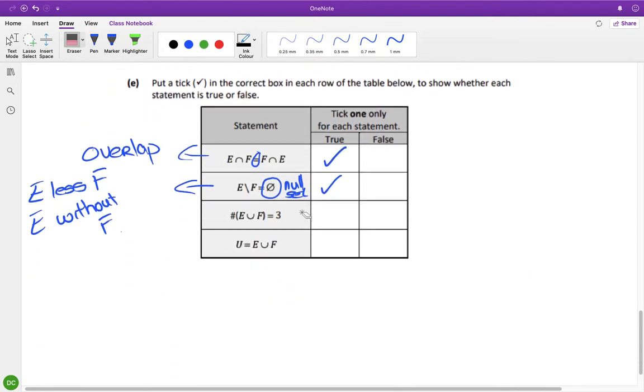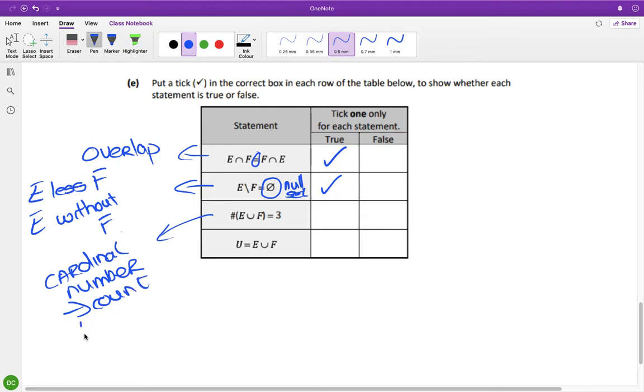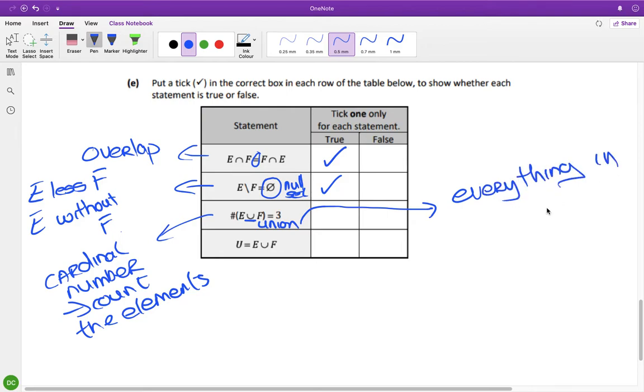The next one, the little hashtag symbol there is cardinal number, and that just means that you count the elements. This one here is the union, which is everything, in this case E and F. So is the number of elements in E union F equal to 3?